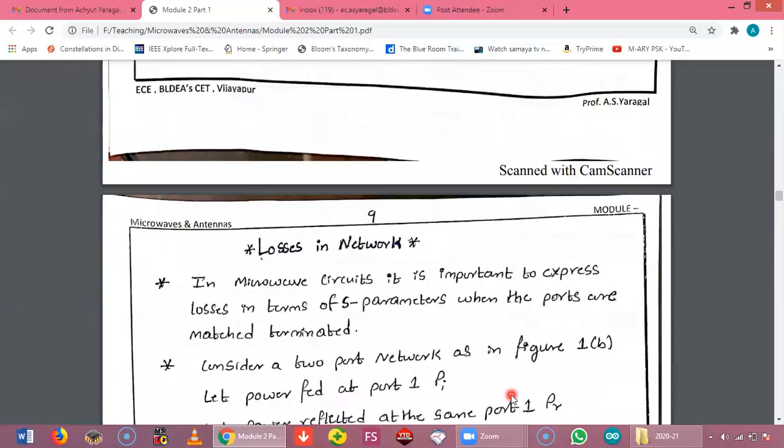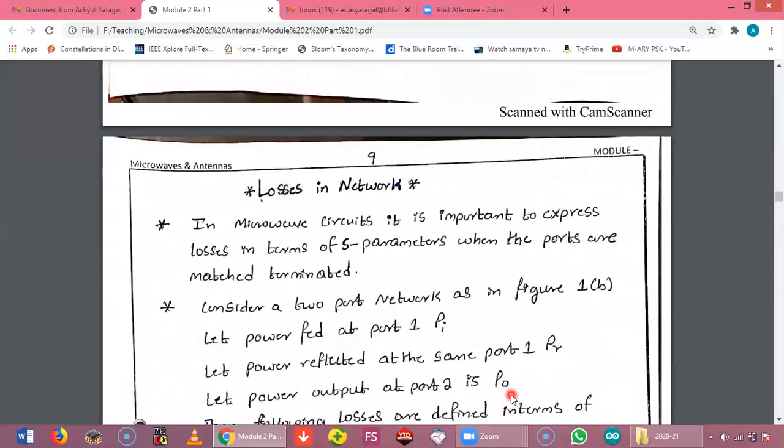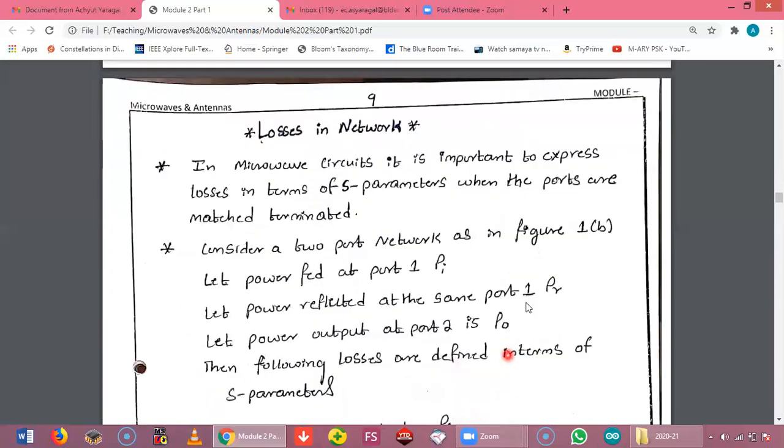Let us understand another topic, that is losses in a network. In a microwave circuit, it is important to express losses in terms of the S parameters when the ports are matched terminals.